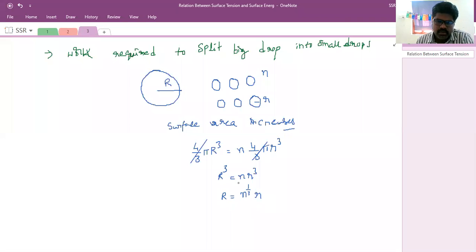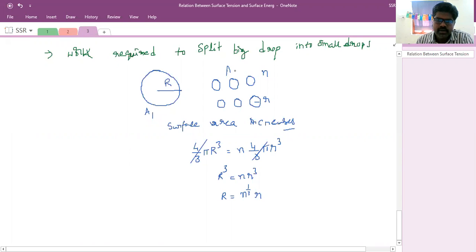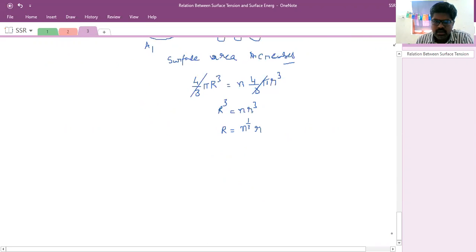Now let us say the initial area is A1 and the final area is A2. Then the work done against the surface tension, where T is the surface tension of the liquid or water, is W equals T delta A, that is T times A2 minus A1.